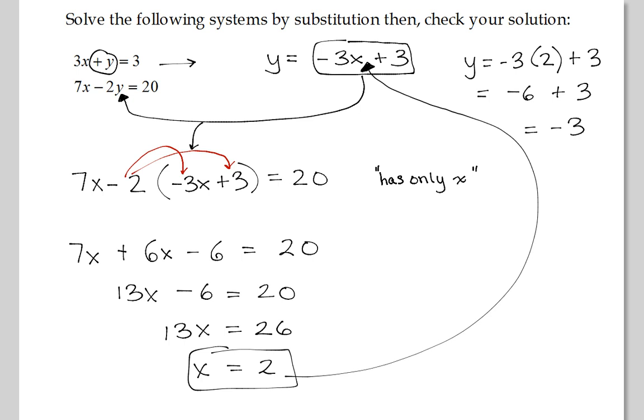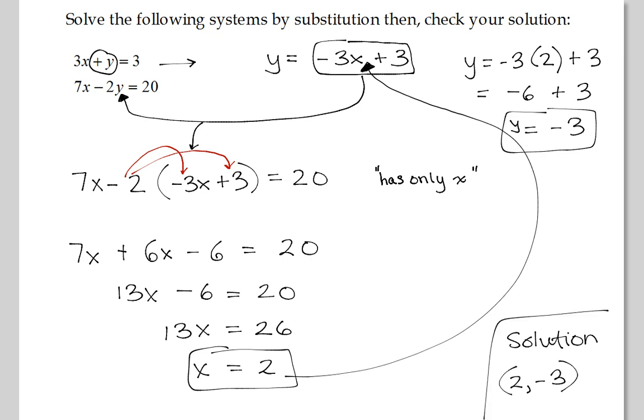Negative 3. So then we can write down our solution as 2 comma negative 3. You with us there?